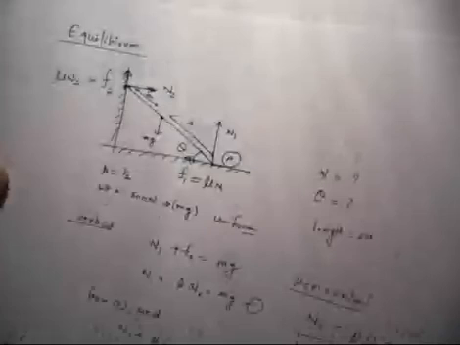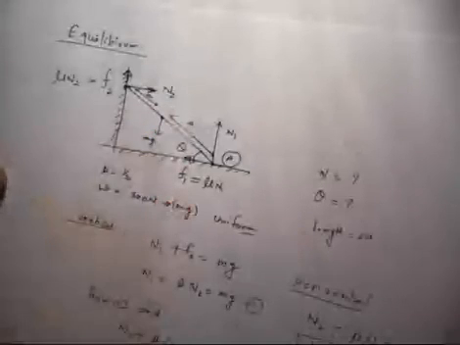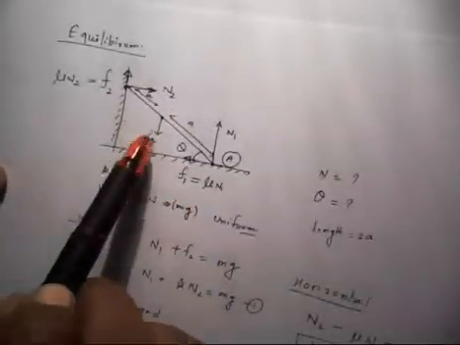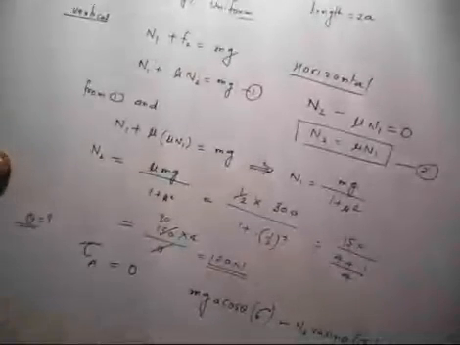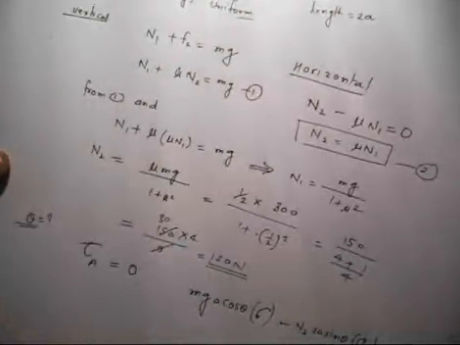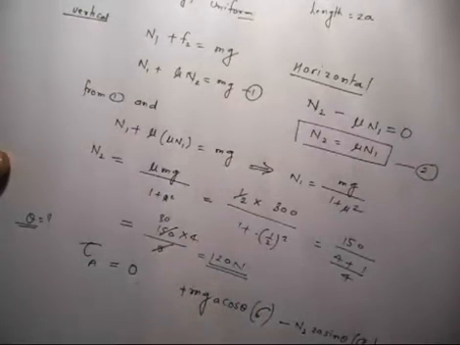Now this friction force F2 is in this direction, and the distance will be 2a cos theta, so mu N2 into 2a cos theta. Now this is acting in this direction. So this direction we have taken as positive, so this is positive, and this comes out to be 0.